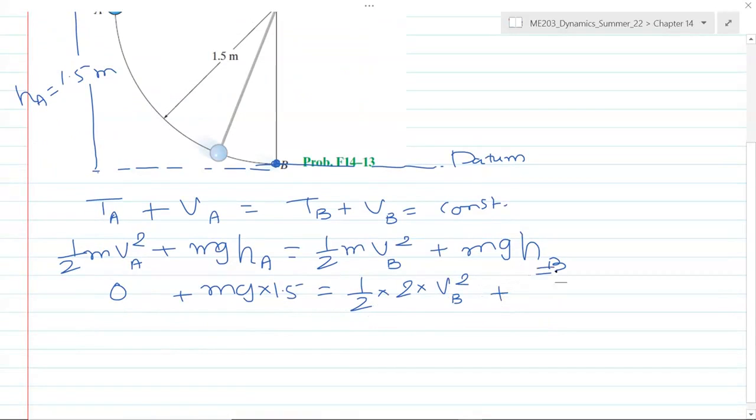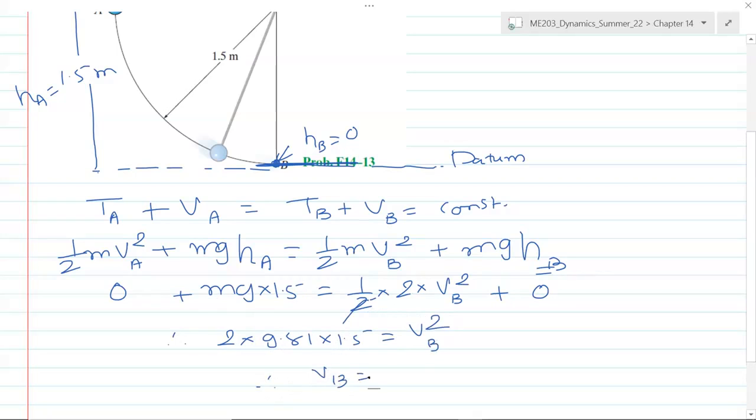And HB, the height from the datum, from this line for B is 0 because B is on that line. So this is 0. What we are left with is 2 times 9.81 times 1.5 is equal to VB squared, the 2 will get cancelled. So we get VB is equal to 5.42 meters per second.